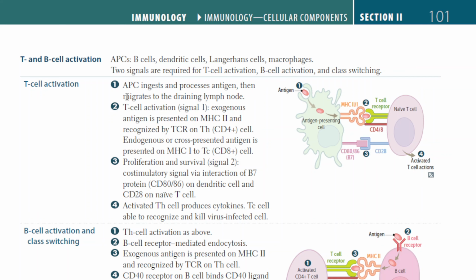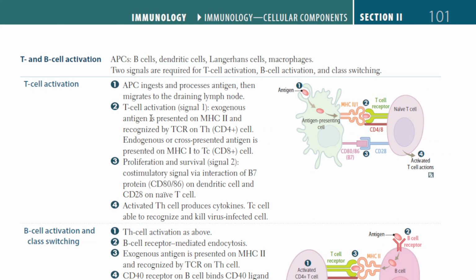Then this antigen migrates to the draining lymph node. This is the number one process. They present it to the naive T cell. Then the T cell activation, that's signal number one.